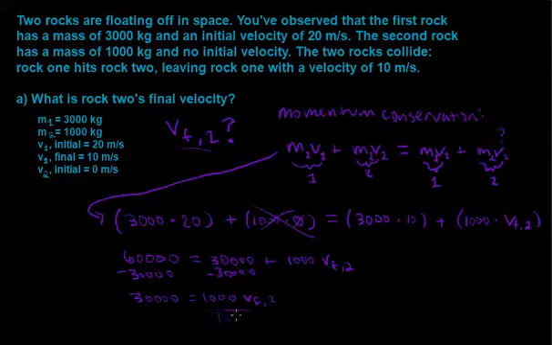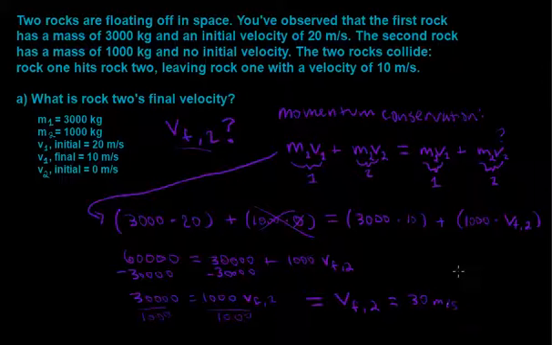And we divide by 1,000 on both sides, and we get that our final velocity of rock 2 after our collision is equal to 30 meters per second. And with that, we can move on to the next part of our collision problem.